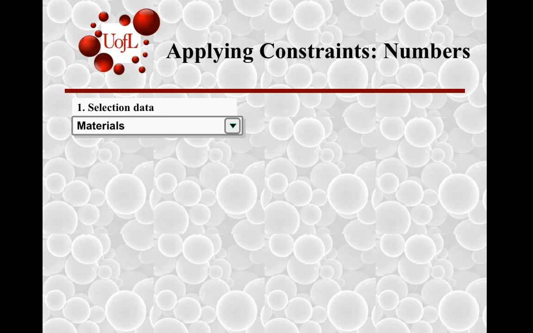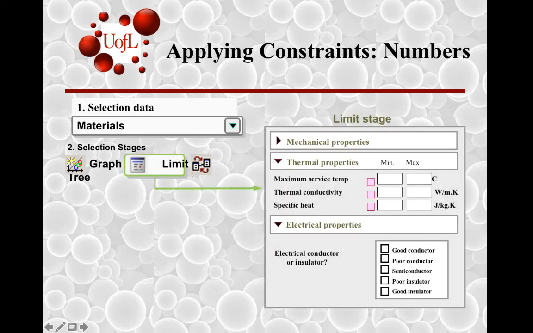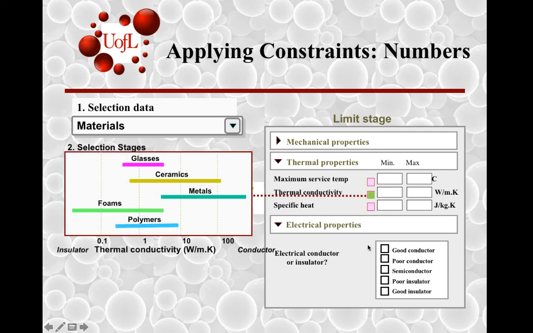In order to do that, we will work with a platform, as we will introduce during Module 2, which is CES EduPack. You go through the materials universe, and you can either plot them or you can apply some kinds of limits in addition to plotting them. Right? So the limit stage is based on what are some controlling design criteria in terms of thermal properties and electrical properties.